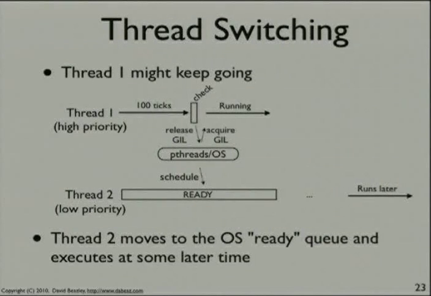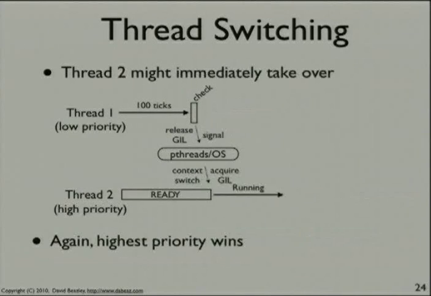So what may happen is that thread 1 might release the GIL, but then the operating system just gives it right back again, because it says, well, thread 1 has the highest priority, so I'm going to keep going. So that's one case that might happen. The other case is the operating system might say, well, this new thread actually has higher priority, so I'm just going to run it instead.